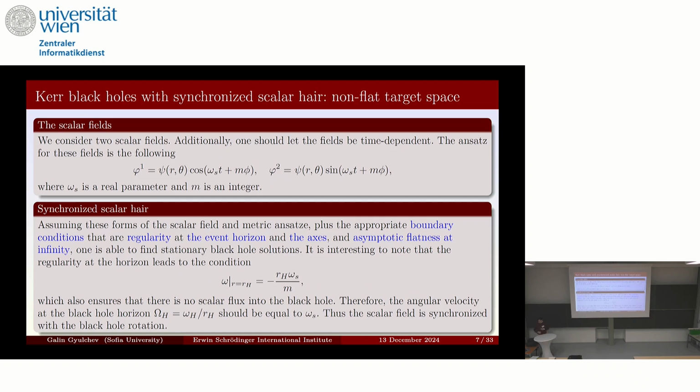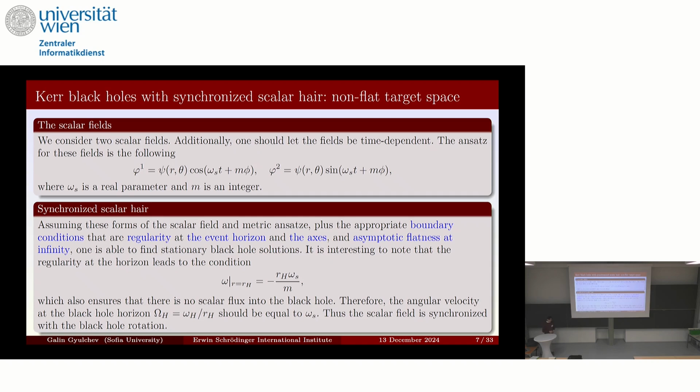The scalar fields, as I said, are time dependent, so we can use an ansatz in order to model the two scalar fields. C is the magnitude, and omega s, the most important quantity here, is the frequency of the oscillation of the fields, and the integer m in our situation will be taken to be equal to 1 for simplicity.